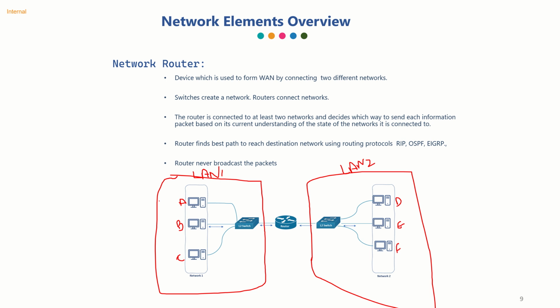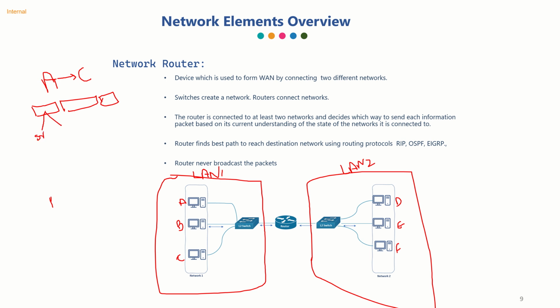Okay, so what happens is if A wants to send data to C, A will send the data in packets. This packet will have two addresses, two MAC addresses.